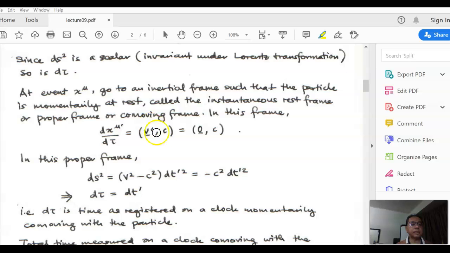This gives you the components of the velocity, and then dx4' over dt will just give you the constant c. But for the instantaneous rest frame, the velocity here is essentially 0. So you can think of a frame attached to the particle itself. The particle will see itself as having 0 velocity. So that's why it's called the co-moving frame.